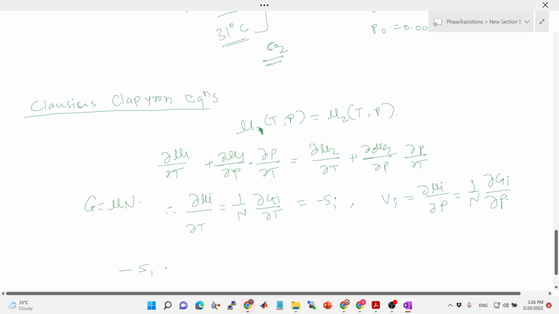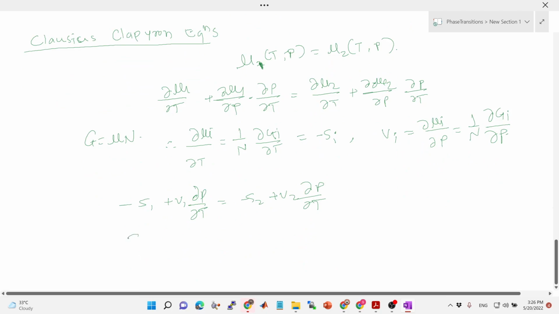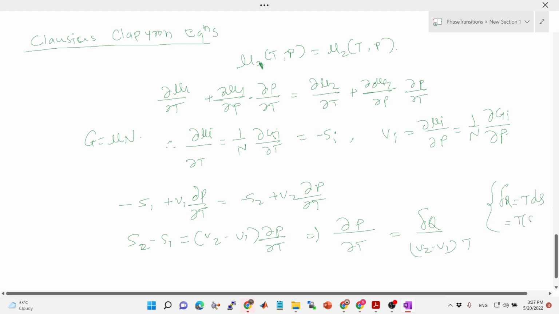So S1 plus V1 dP by dT is equal to S2 plus V2 dP by dT. So S2 minus S1 is equal to V1 minus V2 dP by dT, or we can say that dP by dT is equal to delta Q upon V2 minus V1 times T. As you know that delta Q is equal to T dS, or you can say T times S2 minus S1.